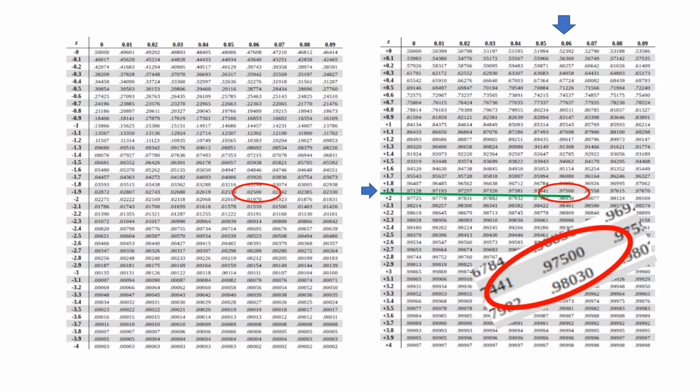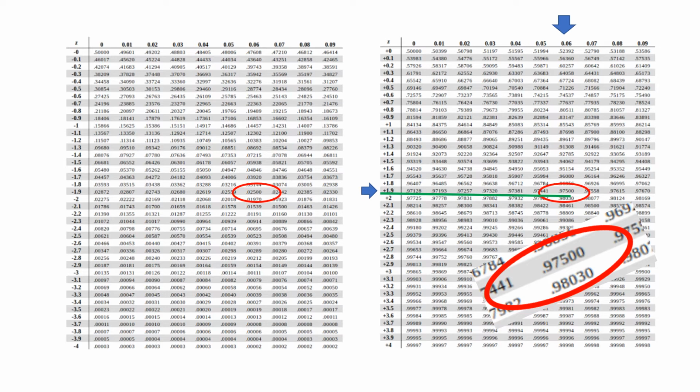So any value of Z lesser than minus 1.96, you have only 2.5% of data. If you look at both sides, you have 2.5% on this side and 2.5% on that side. That brings us to the need for a two-tailed test.